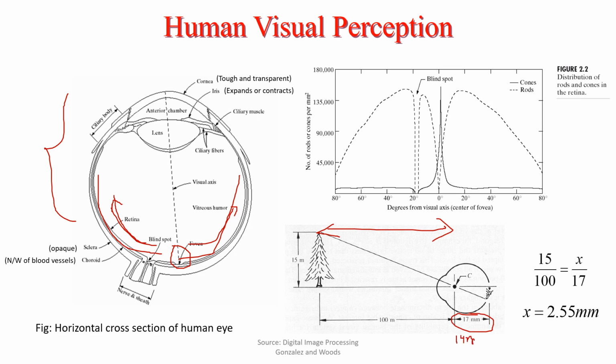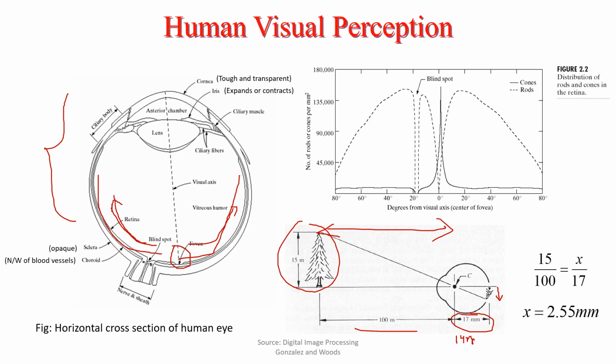Here you can see a target shown which is far away from the eye. The distance between the target and the eye is 100 meter, and this is the focal length given, and you have to calculate the height of the target. You know three things, so you can find out the fourth one, right?